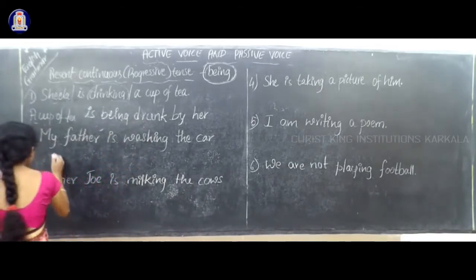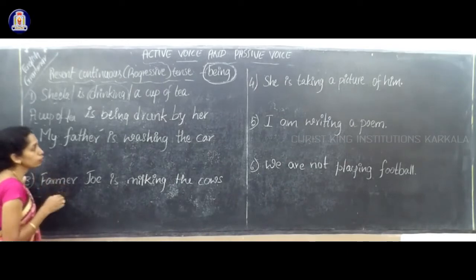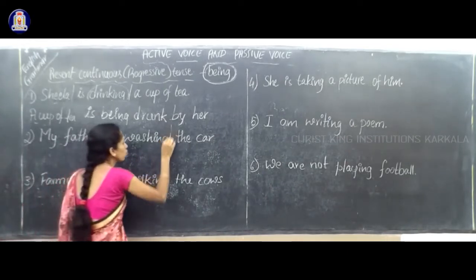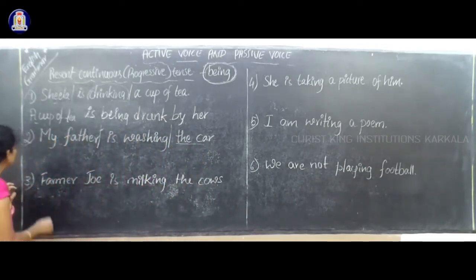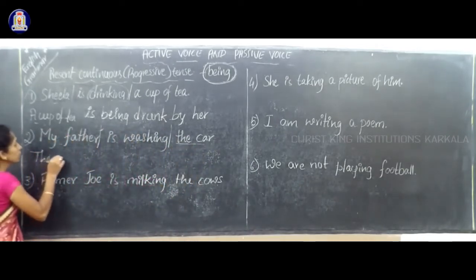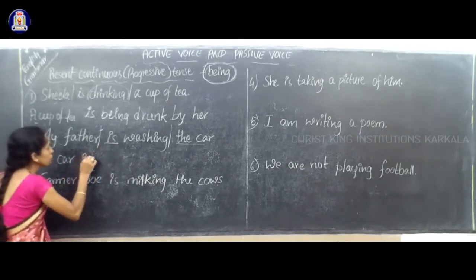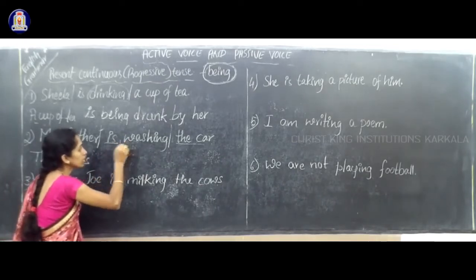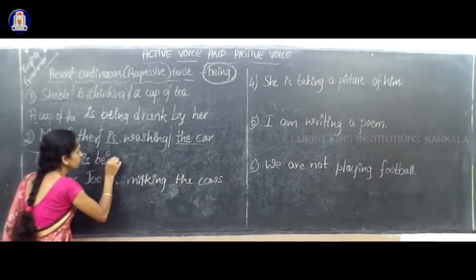Okay, look at this second sentence. You just try to find the answer for this. How to write? So my father is the subject, is washing is the verb, the car is the object, right? So how to write? The car is already there. So is. What we have to use in between is and washing? We have to use being.